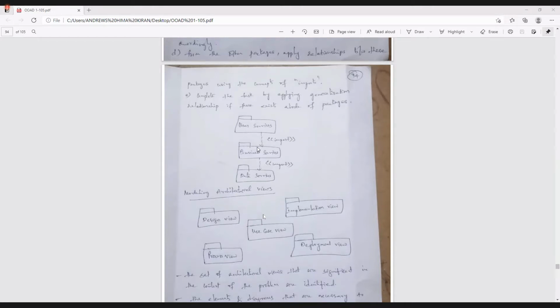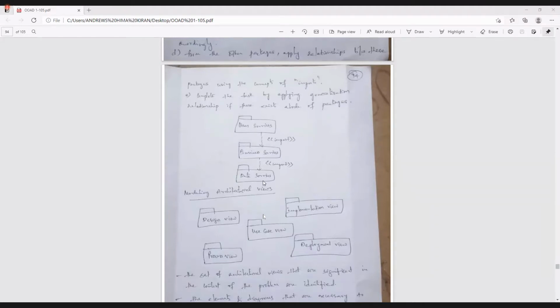If you see here, there are three packages: user services, business services, and data services. Here, a transitive dependency exists between user services and data services. I'll repeat again.